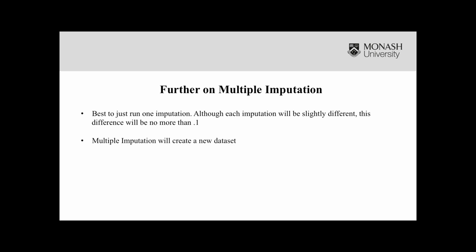So the multiple imputation, as we've discussed, will create a new data set for you. This new data set will include both the old, so impute 1 it's called, and the new data set, impute 2.